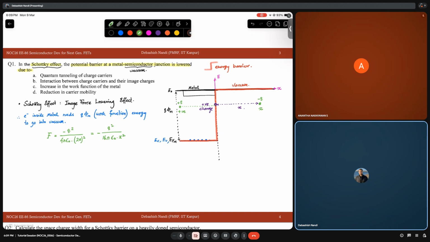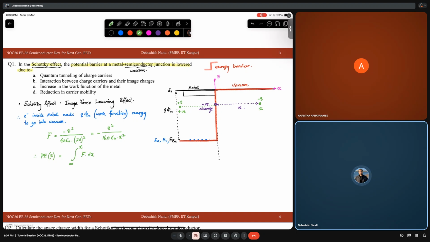Now can you tell me the potential energy for this? How do I calculate potential energy? Does this definition make sense? Yes, sir. To bring one unit positive charge from infinity to a distance x, the amount of work done is the potential energy.